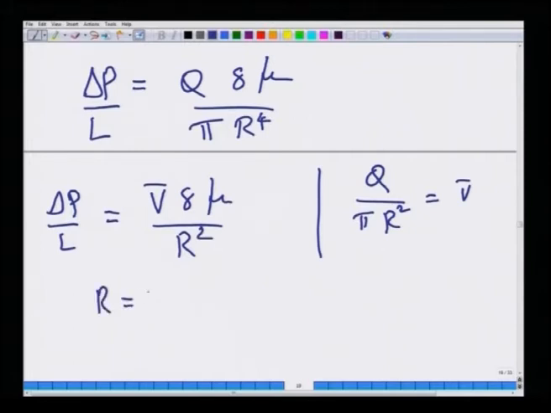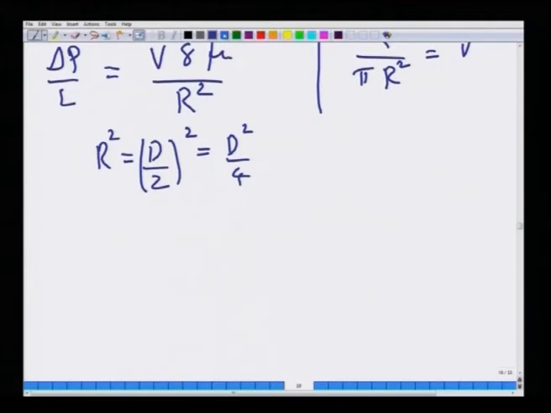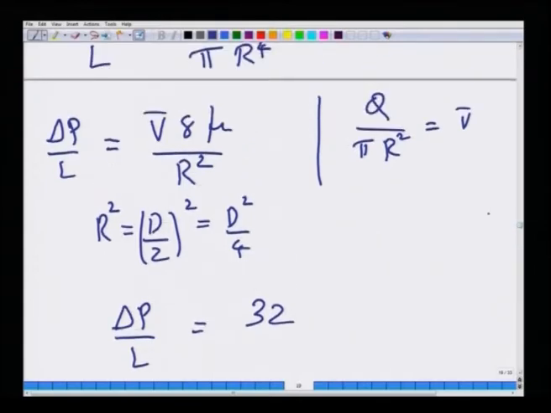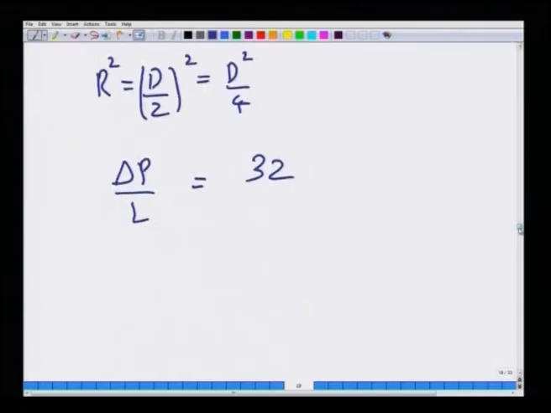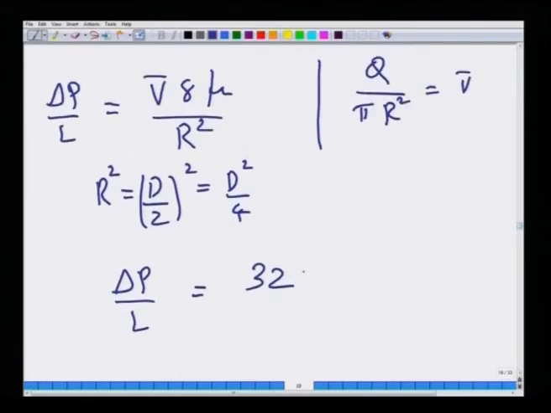Now, r is nothing but d divided by 2, so r squared is d by 2 whole squared, d squared by 4. This implies delta p by L is nothing but 32 mu v bar by d squared.